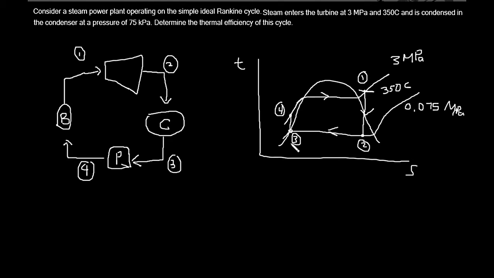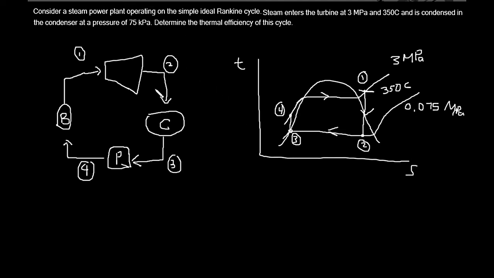State 2 to state 3 happens in the condenser, a constant pressure process. State 3 to state 4 is a constant entropy process, which happens in the pump. And 4 to 1 is a constant pressure process in the boiler.